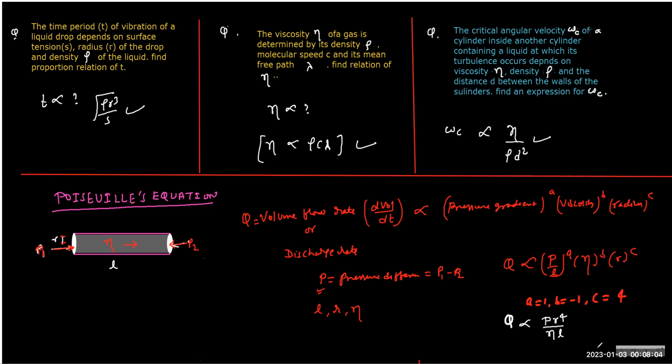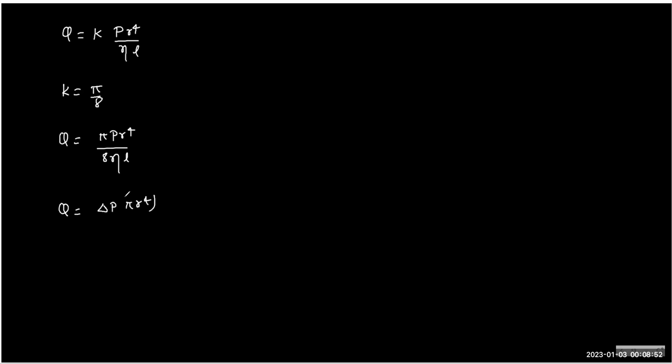Tell me yes or no. Okay, so if this is the answer, then the volume flow rate is some constant into P R to the power 4 by eta L. And this constant we will study later on. If you have seen the actual derivation, it's pi by 8. So generally, you will see in books it is written like pi delta P R power 4 by 8 eta L.